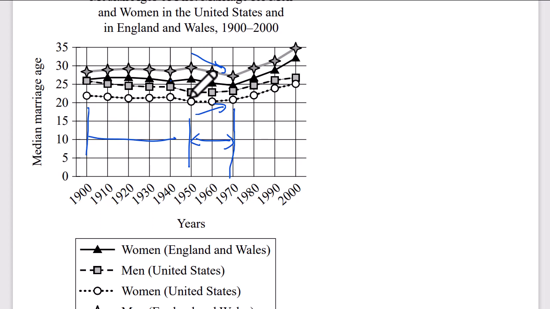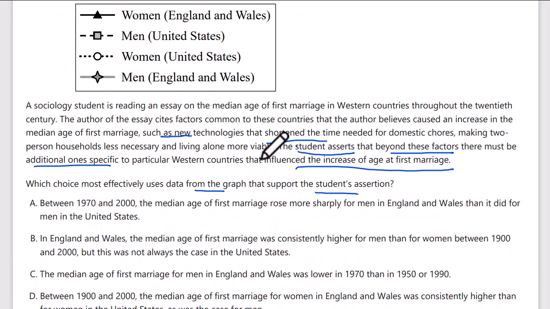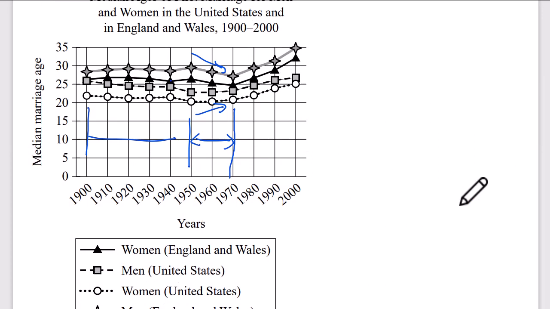Now, this is curious, though, because the question prompt technically asks for other factors that influenced the increase of age at first marriage. So if it influenced the increase, technically those factors that caused a decrease, like right here, would not be applicable, right? We don't want a factor that is technically not an increase.